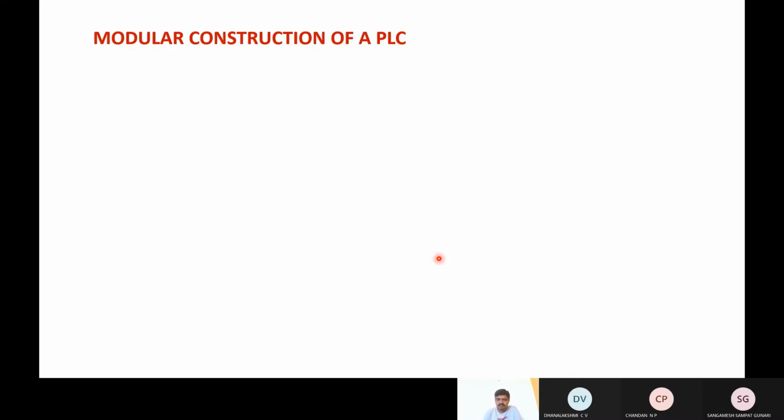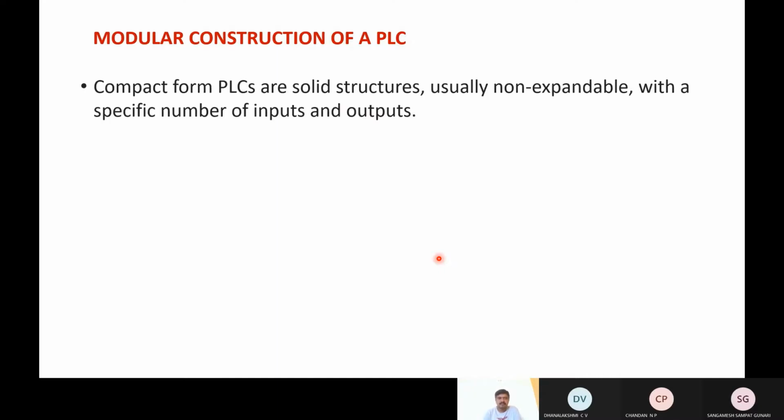So in case of modular construction, there are two forms, compact form and modular form. Compact form PLCs are solid structures, usually non-expandable, with a specific number of inputs and outputs. If you buy compact form PLCs, the number of inputs and outputs that you can get is fixed. It may be 8, it may be 16. You cannot vary it.